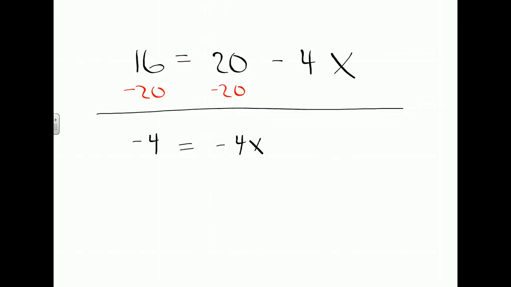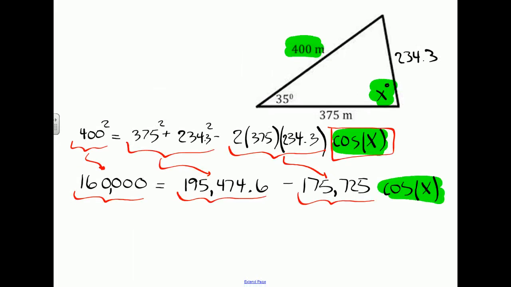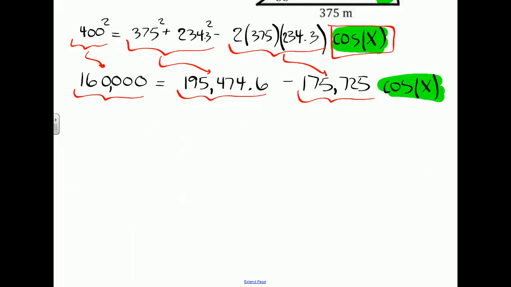You agree with that? If I go back to this messier looking problem, that's the same exact idea. What am I going to do first to solve this? I'm going to subtract 195,474.6 from both sides.